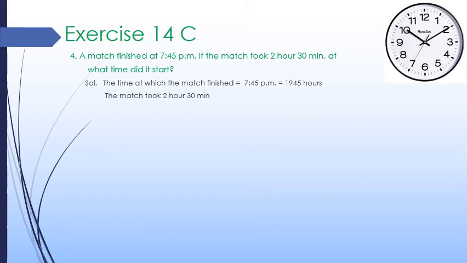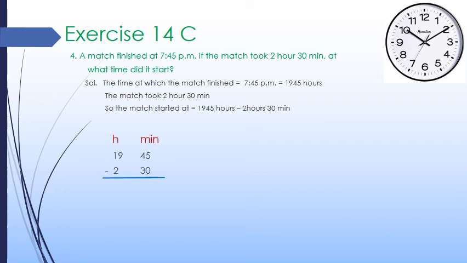The match took how many hours? Well, it took 2 hours 30 minutes. So, the match started at 19:45 hours minus 2 hours 30 minutes, where 19:45 hour is the time at which the match finished.